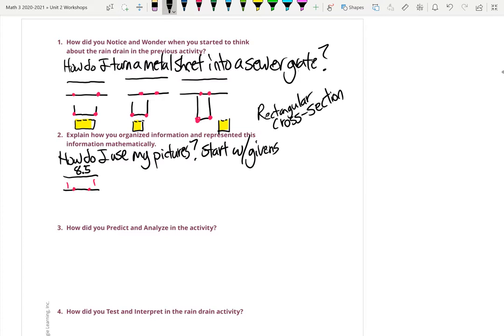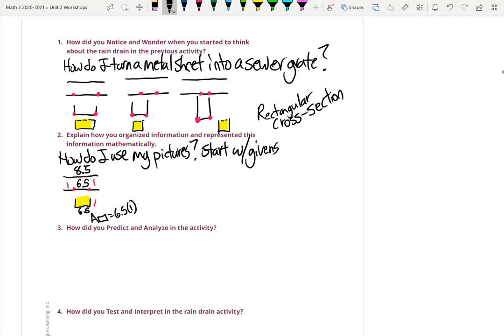Or it's actually feet, so it's 6.5. How did I get that? Well, if I fold one part in, I subtract it, and I subtract it. What would this look like? Well, the cross section would be 6.5. I'm only going to write the 1, and I know that this is an area. So to find the area of this, I would have to do 6.5 times 1.